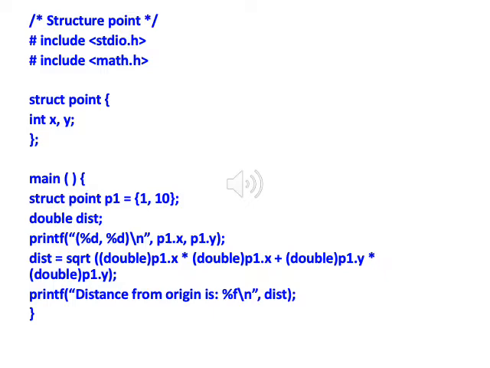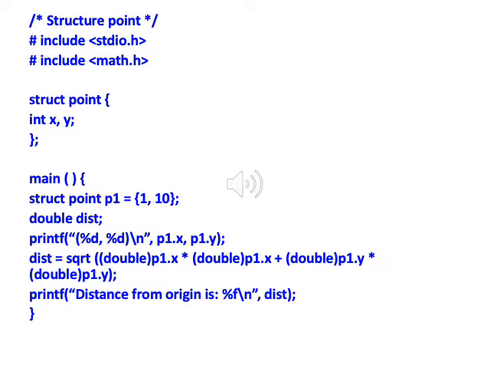Next, we can use these values of p1 and calculate the distance from the origin. We're using the square root, therefore we have the math function, and then the expression is x square plus y square.